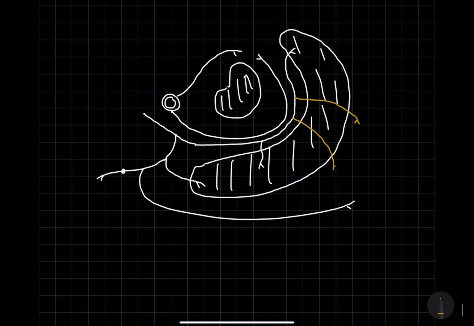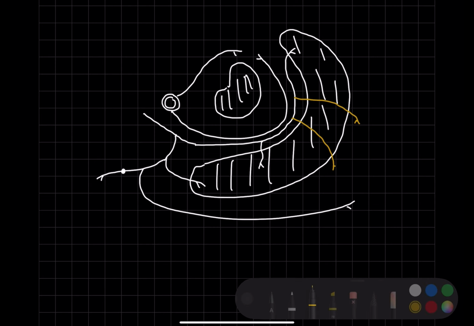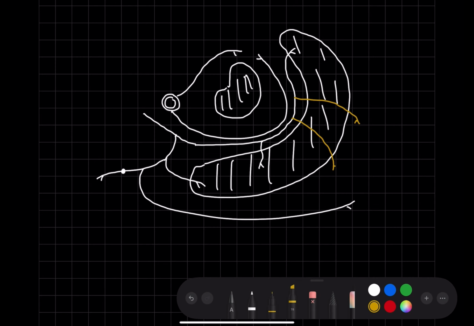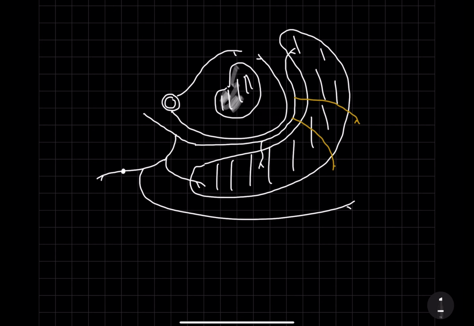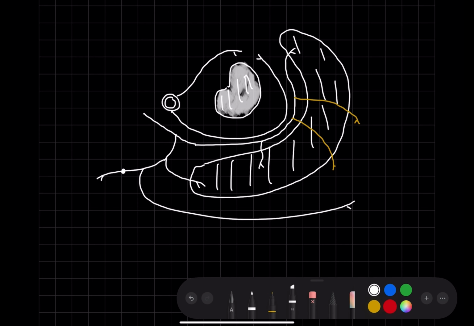Okay, now let's label the diagram, or let me give the first color coding to it. So this is your humerus, and this is your muscle.